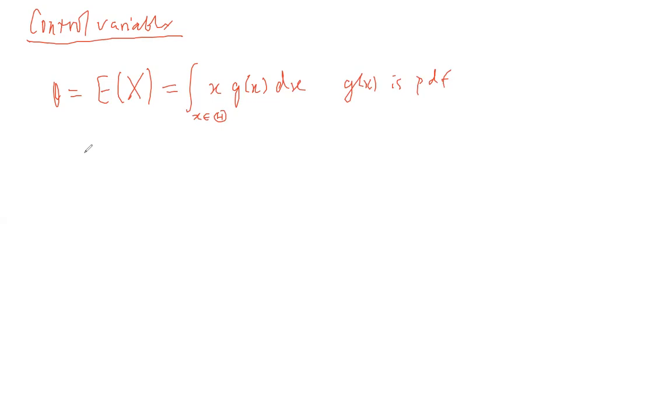Now, of course, suppose we have some other variable, Y, where the mean is known, where mu_Y is known, okay.